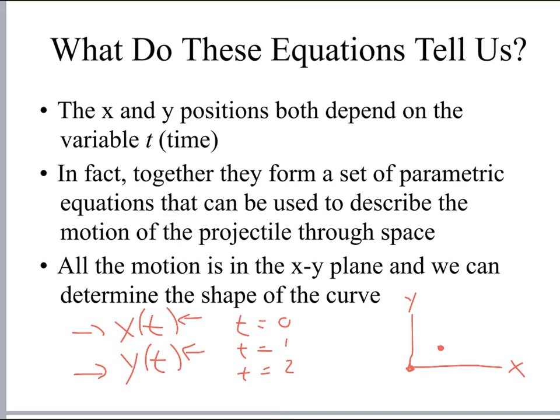And so this would be the point for 1 second, and this might be the point for 2 seconds, and the point for 3 seconds, and so on. So every time I get a point for both x and y that I can plot on a regular xy coordinate system. And so that is why it's called a set of parametric equations, because you have two related equations that depend on the same parameter t.